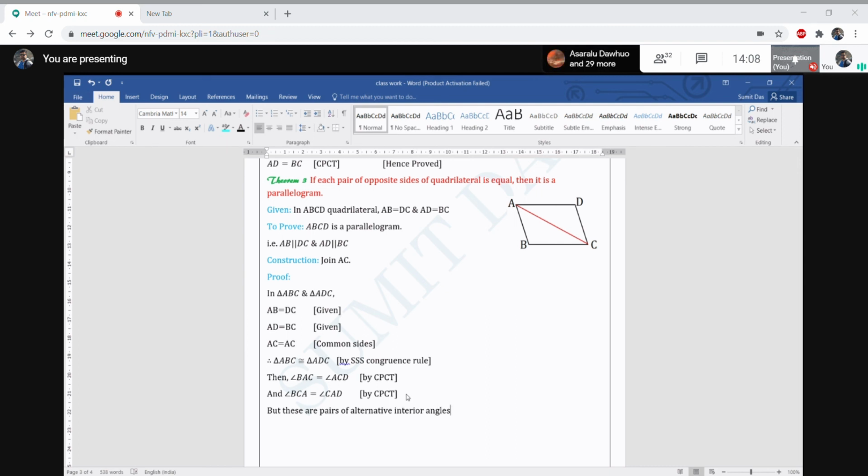Alternate interior angles are equal when the lines are parallel, right? So from this we can say AB parallel to DC, and AD parallel to BC.